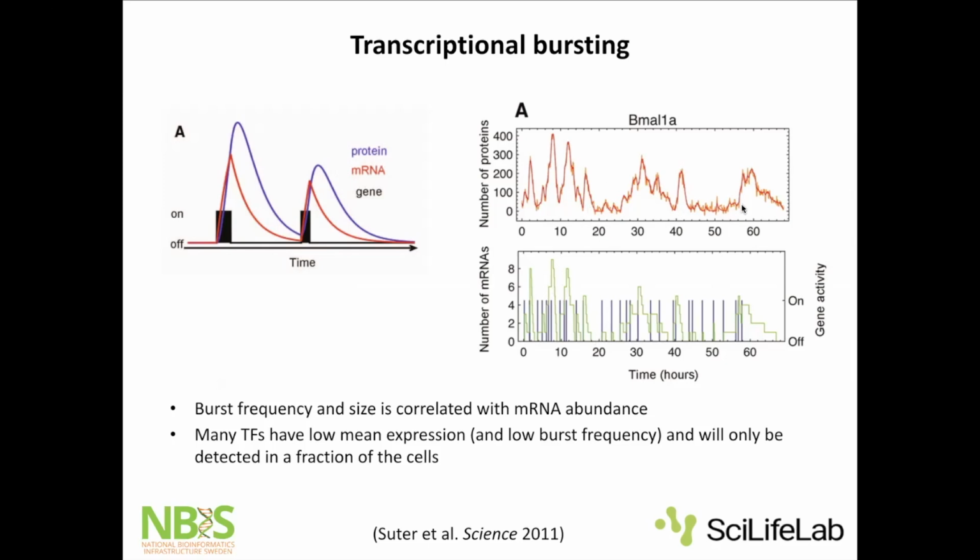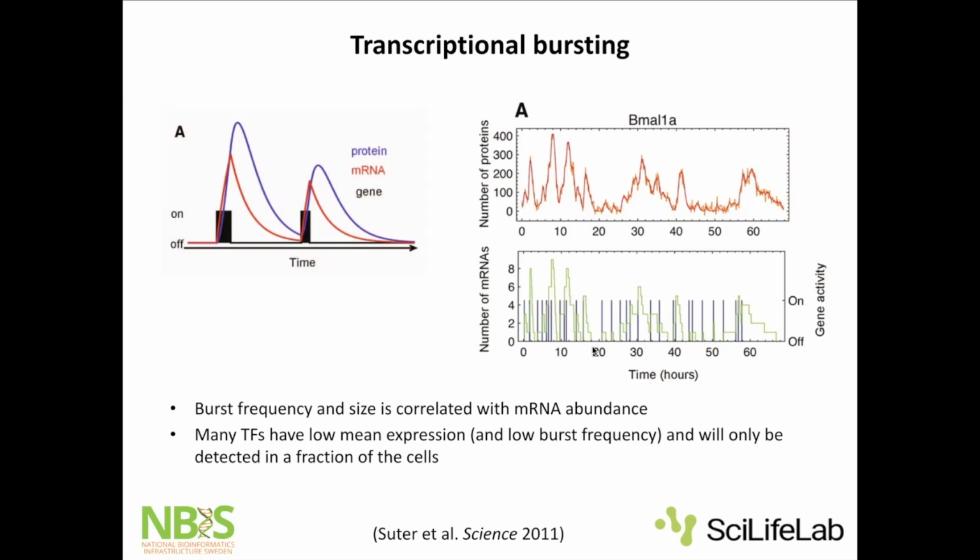And of course, then the protein will follow a similar pattern, but more smoothed out, so that it will never really go down to zero. And when we then do single cell sequencing, let's say we have a population of cells, they're all the same cell type, and we sequence a cell here, and we sequence a cell here, we will have quite a high amount and a zero amount of the same gene, even though it's the same cell population that has this gene as one of its classical marker genes.